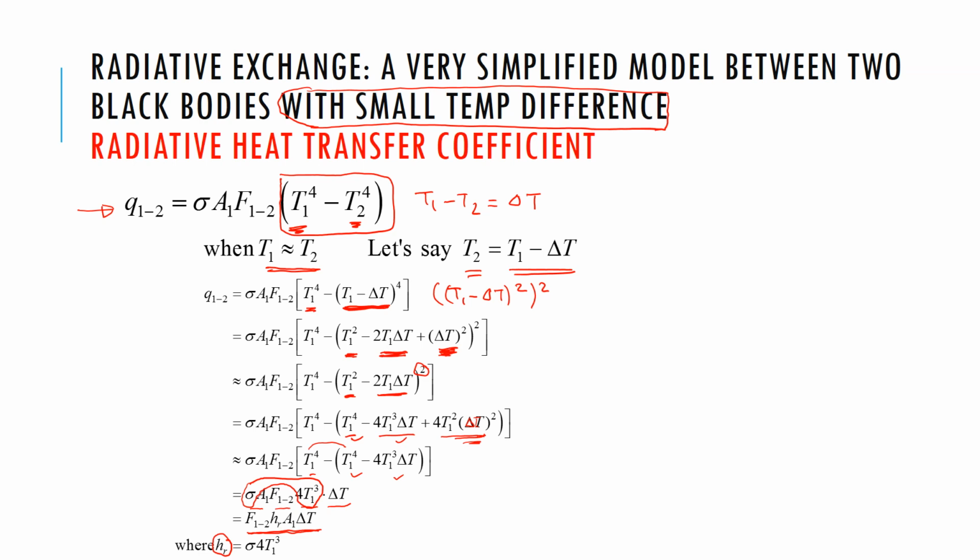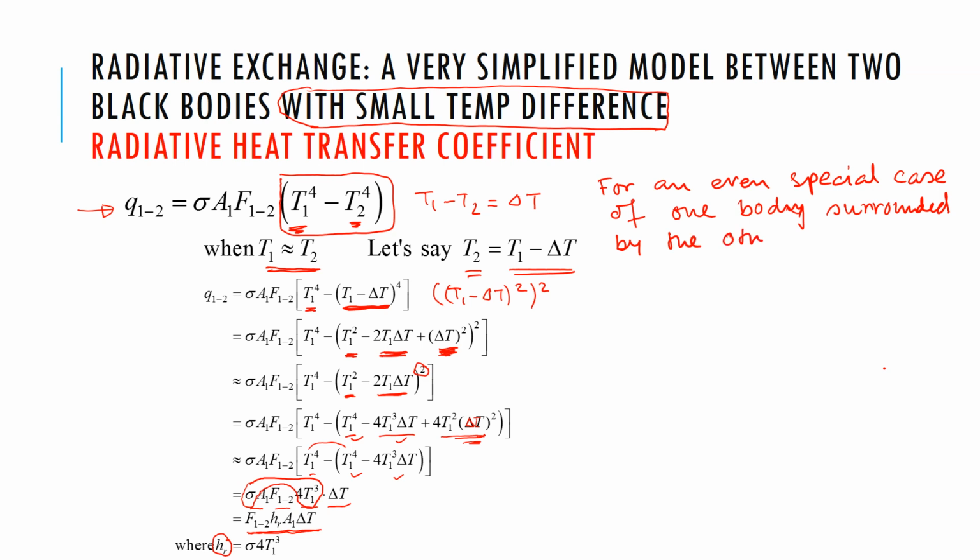And for an even more special case of one body surrounded by the other. So if you have surface 1 and then this is surface 2, and we're doing this kind of exchange.